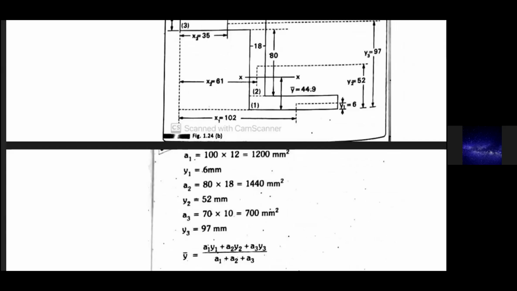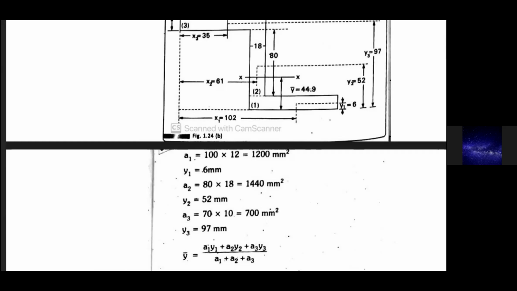And we have to find the centroid of the composite section. Only the Y component is required for calculating the moment of inertia about the central axis parallel to the base. That is y bar is equal to a1 y1 plus a2 y2 plus a3 y3 by a1 plus a2 plus a3. A1, a2, a3 are already calculated, and we have to find y1, y2, y3.